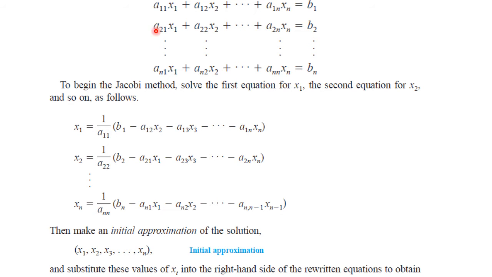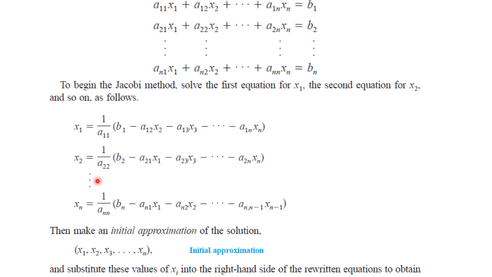x1 is equal to, students, just put all these terms on the other side of the equation and then divide by a11. So x1 is equal to 1 over a11 into b1 minus a12 x2 minus a13 x3, and so on, minus a1n xn. See here, a11 is divided. Similarly, now this is the diagonal entry in the second row, second column. From this entry, find the value of x2.